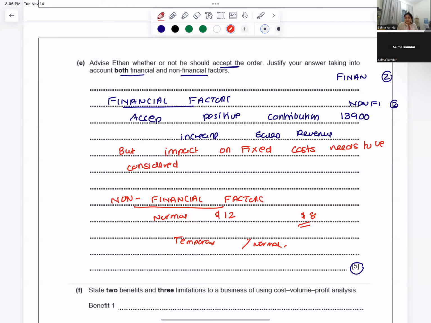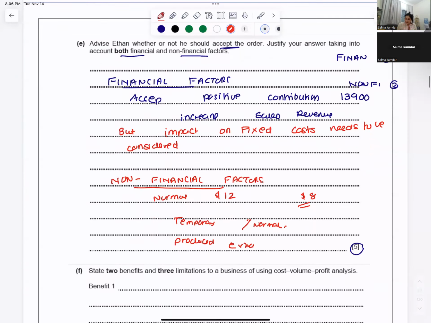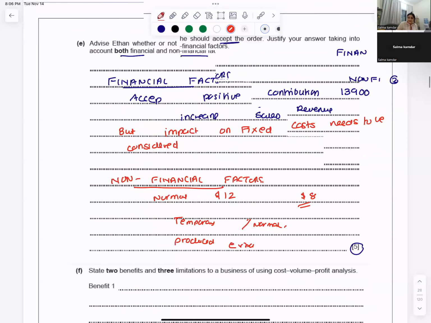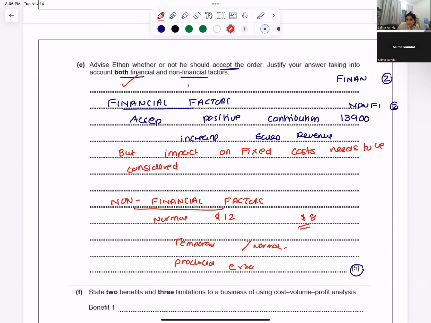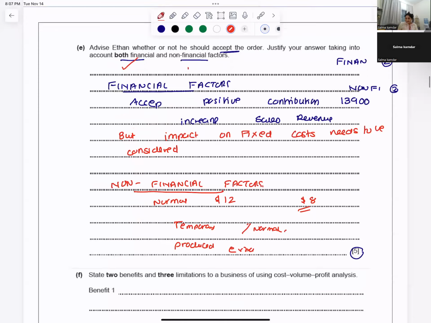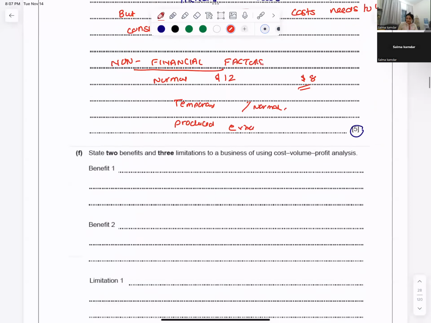So our laborers will get demotivated. If I produce extra, I should take into consideration that the quality of the product of the pot is not getting dissatisfied. As far as the financial factors are concerned, you can accept the order, but you should keep in mind that other customers do not come to know about this special arrangement. That is it, what you have to write.